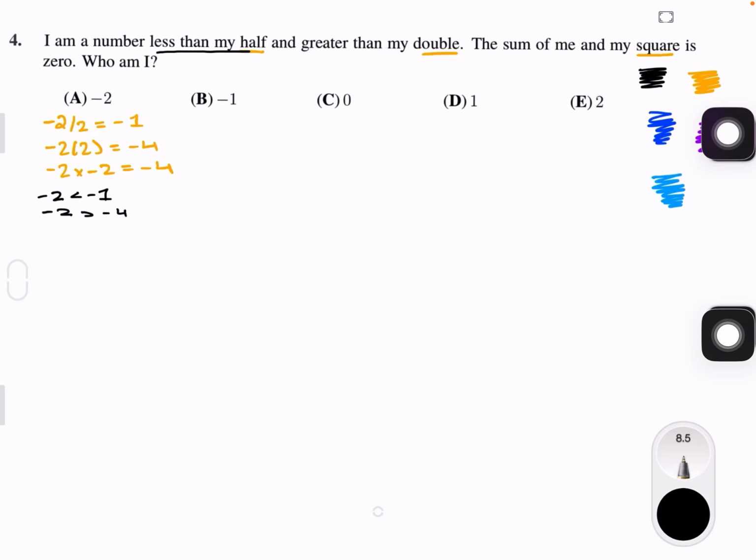Then the sum of me and my square, so that would be -2 plus -4, is equal to 0? Well, -2 plus -4 is equal to -6, and -6 is not equal to 0. So A cannot be the answer.